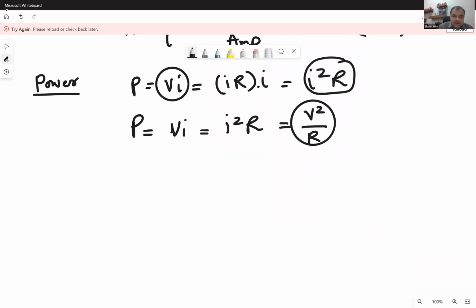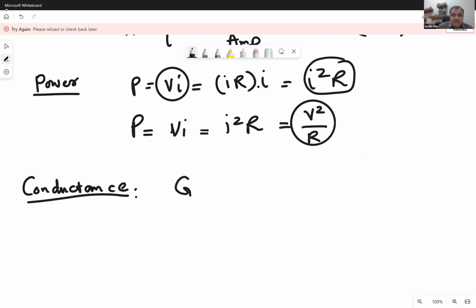And finally, conductance is another quantity. It is represented by G, and that's basically a capacity of conducting current through a circuit. So that is what conductivity refers to.